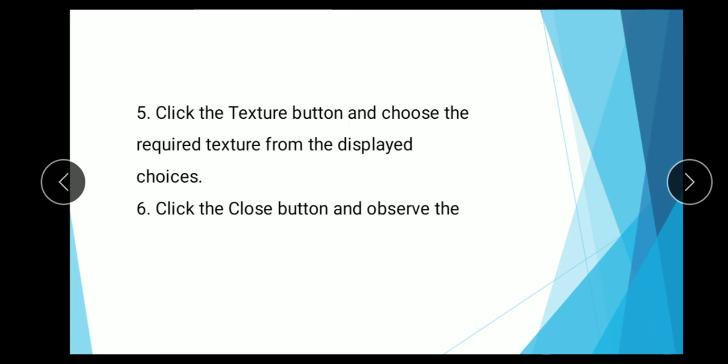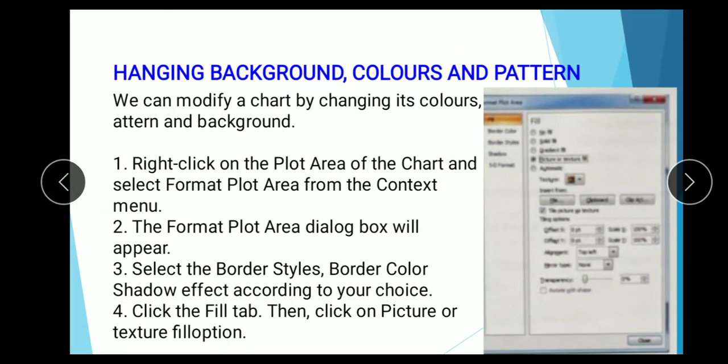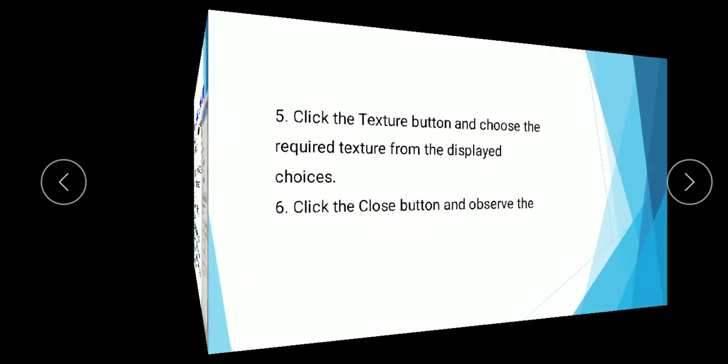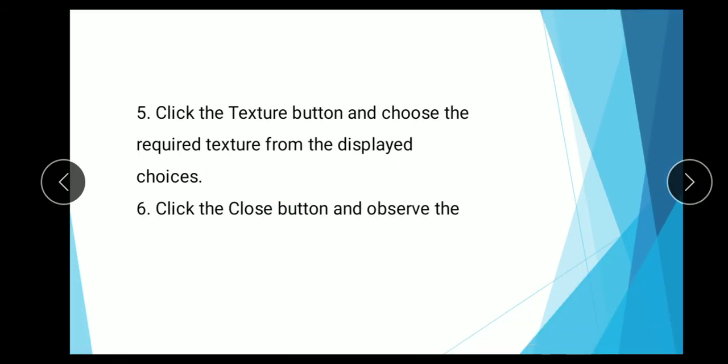Here, fifth option, click the Texture button and choose the required texture from the display choices. And 6, click the Close button and observe. Follow these 4 steps, and after that the Close button. When you apply all these things, then the last step, click the Close button and observe the chart.